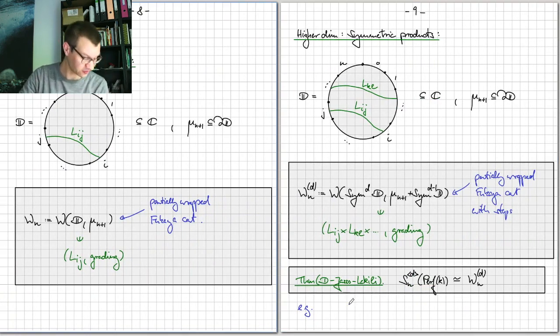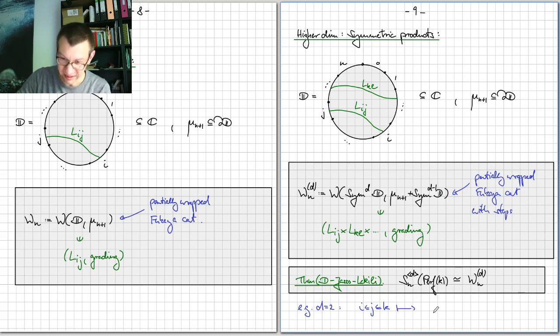On objects, it takes i less or equal j less or equal k. Let's say we do this in dimension 2 again. In dimension d equal to 2, it takes this and assigns it to a product Lagrangian, which is Lij times Lik.